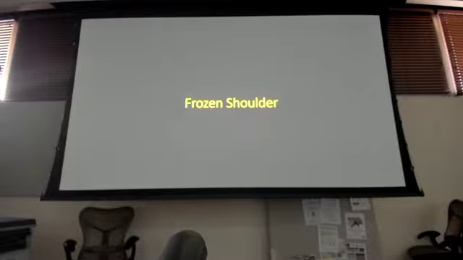All right, frozen shoulder. I hate this term, but it does tell you something about the pathology. Frozen shoulder is very vague; it doesn't really tell you the pathology. So this is also called adhesive capsulitis, and adhesive capsulitis is actually more helpful, because it helps you explain it to the patient.